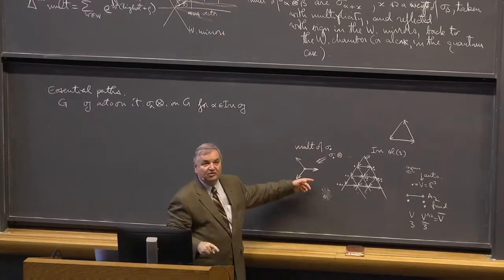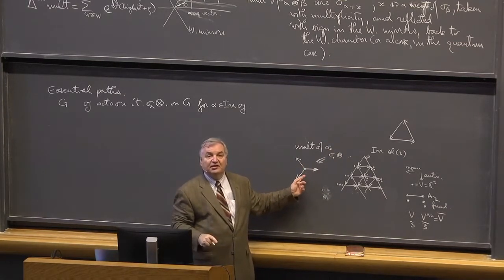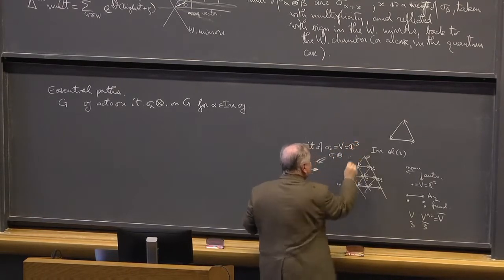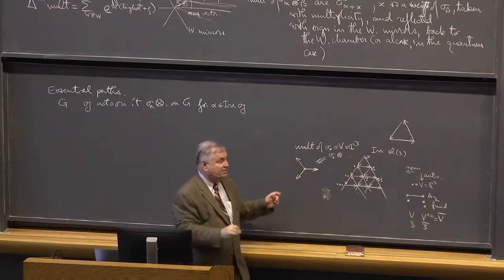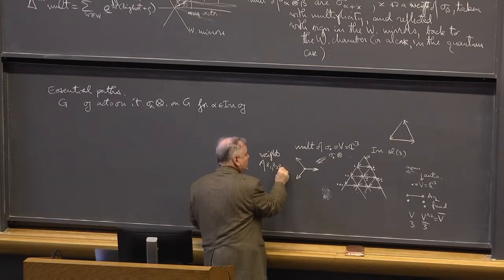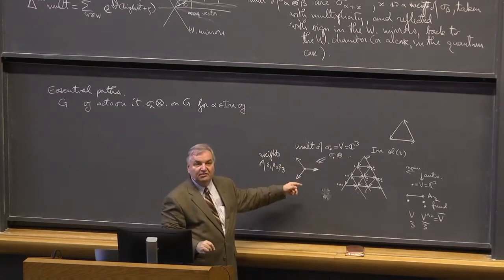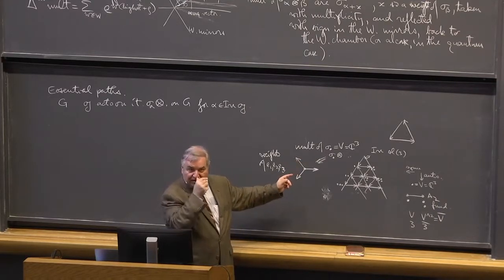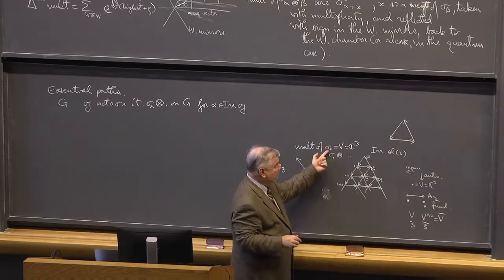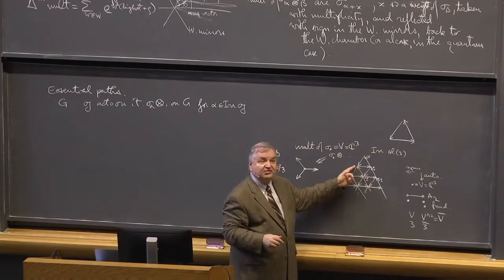Remember that sigma dot is V, which is C^3, and these are the weights of E1, E2, E3, these three. And so when you tensor with sigma dot, what you get is these three neighbors.